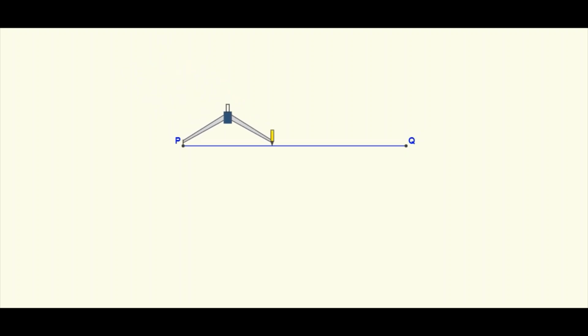Now what you're going to do, you're going to adjust the radius of your compass to more than half the length of PQ, right? And the reason for that is if you do not adjust your compass to more than half the length of PQ, then the arcs that you are going to scribe will not intersect each other.